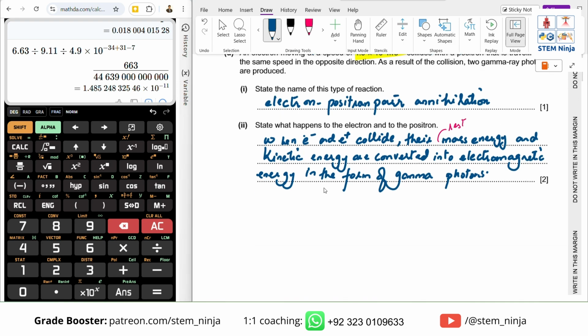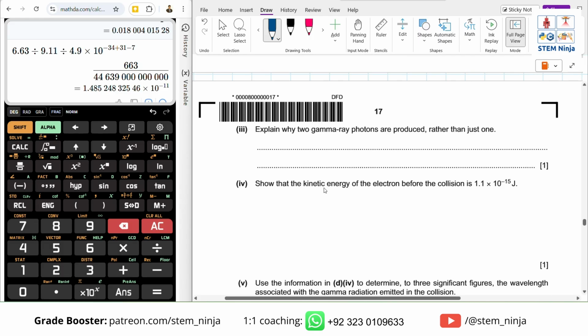Okay, so moving on. Explain why two gamma ray photons are produced rather than one. This has to do with the conservation of momentum. When the positron and electron collide, due to that annihilation, the momentum has to be conserved. So two gamma photons are created which travel in opposite directions.